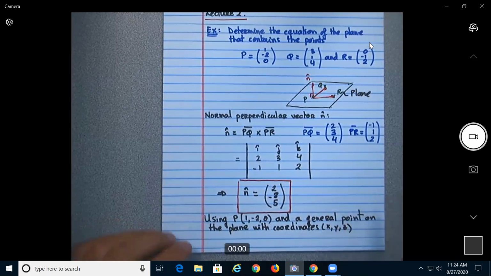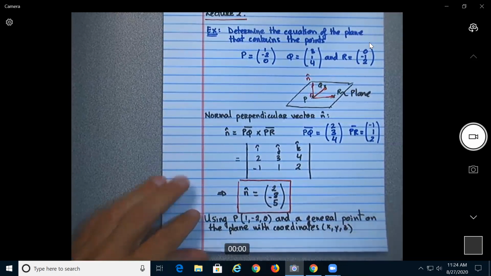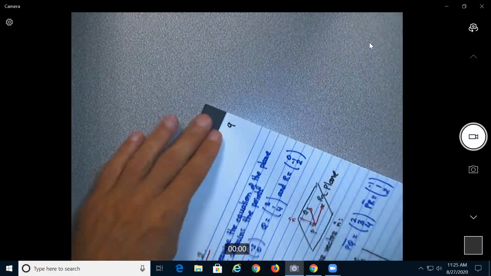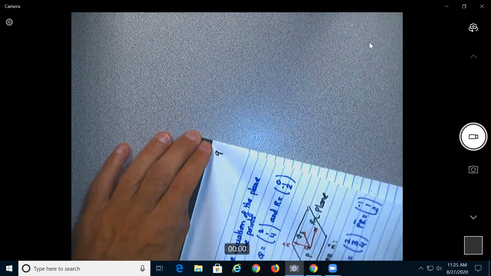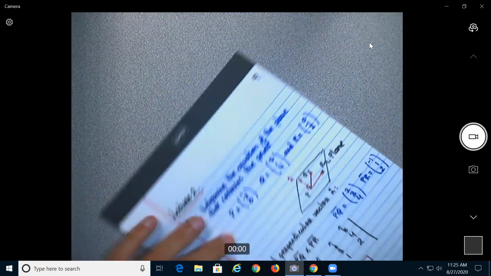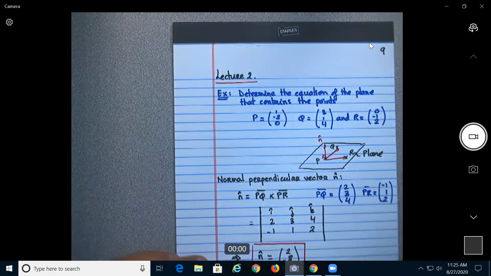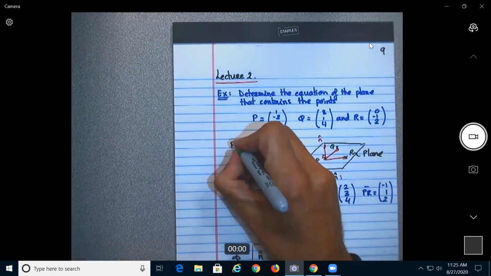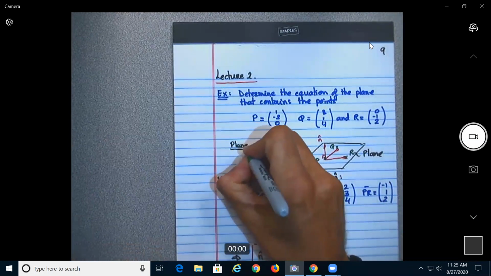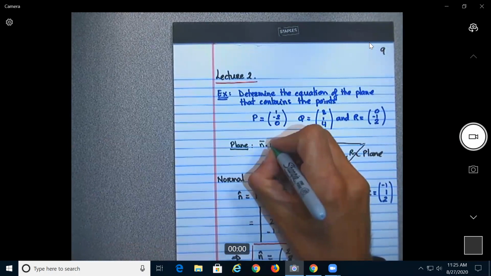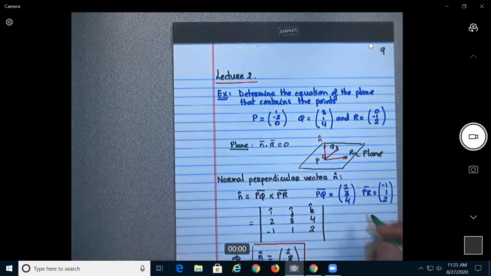So then, in this case, you're going to have that. Let me go to the next page. Maybe before I go to the next page, let me stay over here. What was the general equation of a plane? If you remember, we said it needs to be n dot r equal to 0. Okay, that was the definition of the plane. So we found n, now we need to find r.